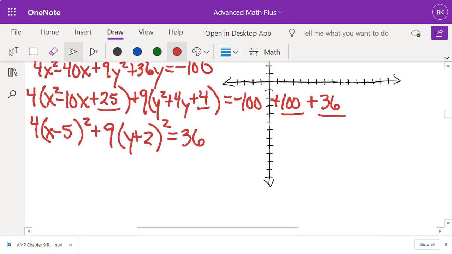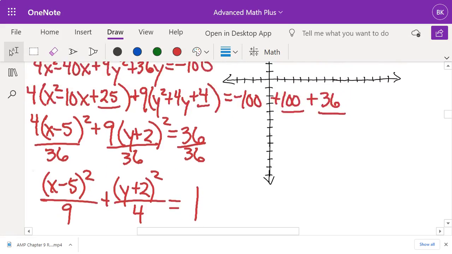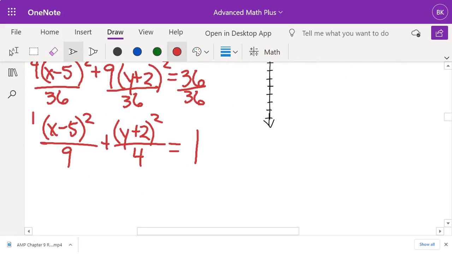So what do I need to divide by? 36. So we're going to have (x minus 5) squared over, what is 4/36? 1/9, so over 9, plus (y plus 2) squared over 4 equals 1. There is our standard form.